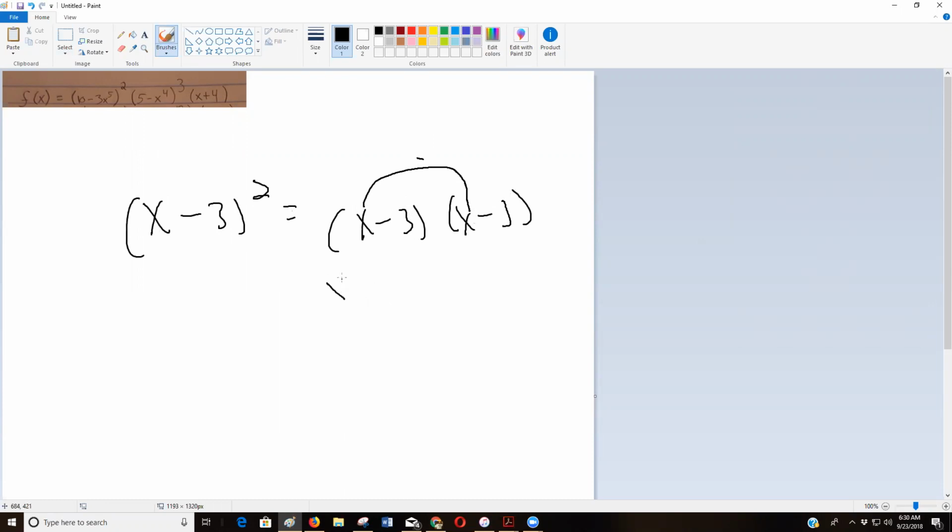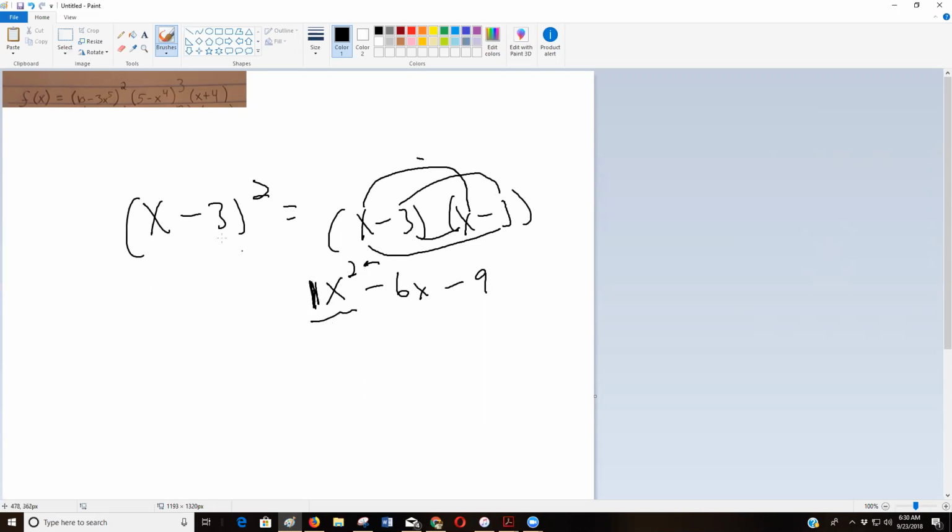That's x squared, and then minus 3x plus another negative 3x is negative 6x, and then negative 3 times negative 3 is 9. So I've got a second degree polynomial because the exponent's 2, and the leading coefficient's 1. That's the leading term, 1x squared.